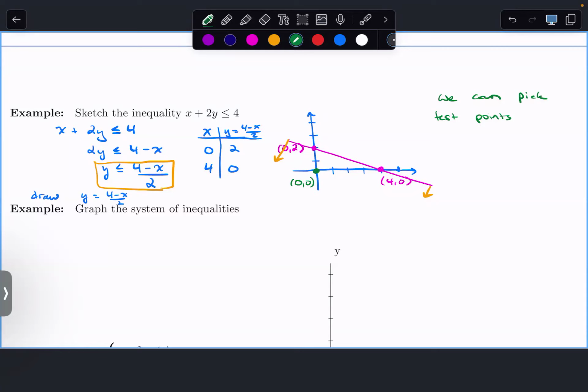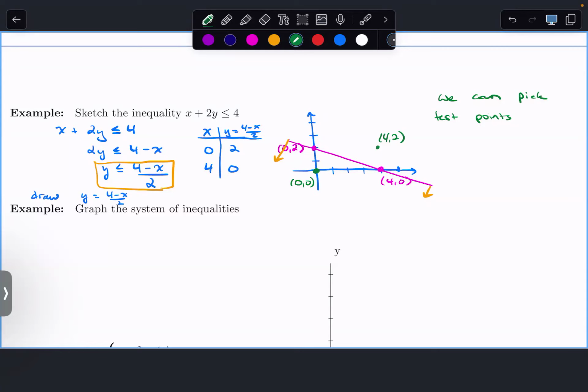And then what's another one that is on the other side of the region? Maybe 4, 2. I can see it would be outside the region. If x is 4, then y equals 2 is a point in that region.